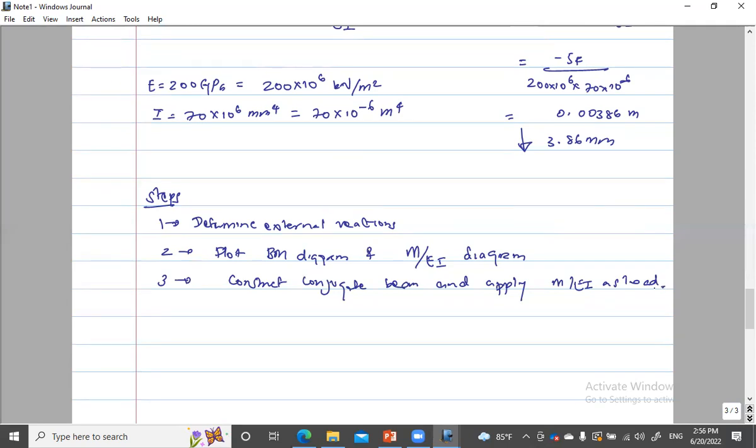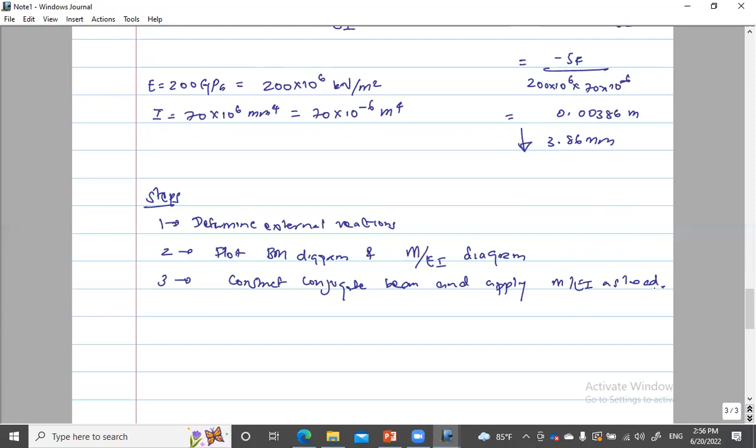Then you can derive shear force and bending moment for this new conjugate beam, and the bending moment is equal to the deflection, and the shear force is equal to the slope at any point. So that is how we do this conjugate beam method.